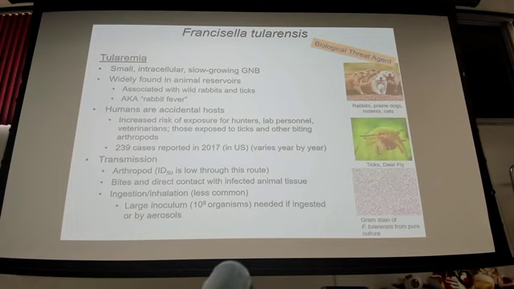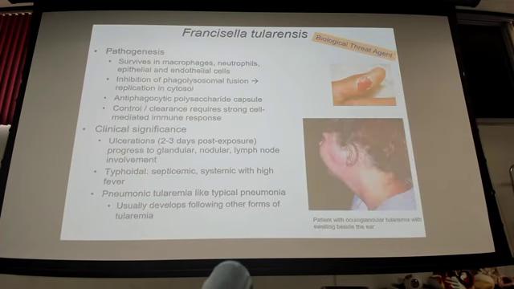And can also be weaponized, aerosolized. Forms of the disease here: glandular, respiratory form, nodular lymph node involvement, typhoidal, where you have this entire systemic effect, and pneumonic tularemia. Depends on the route of entry.